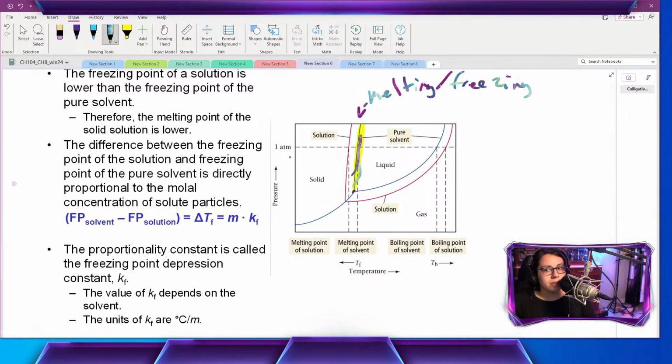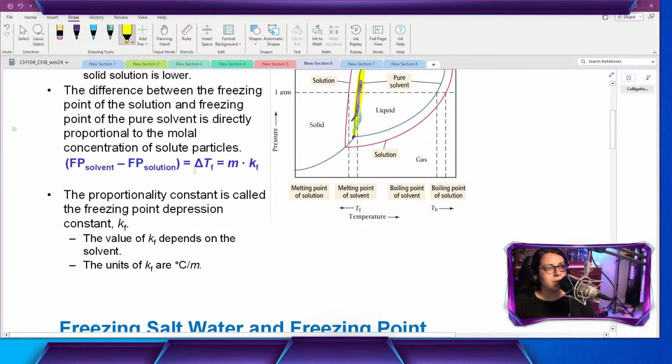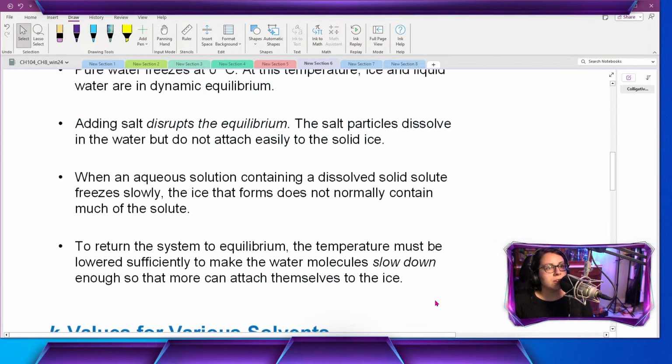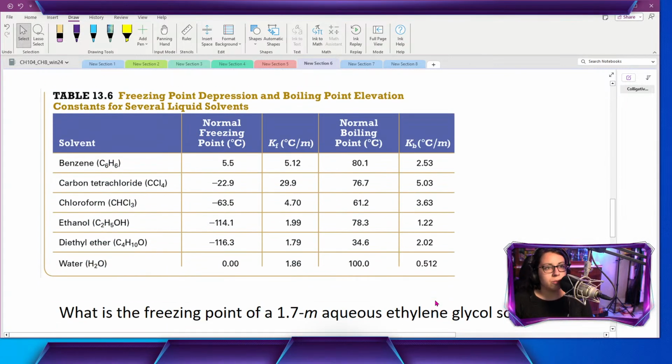And then this is another situation where those units are really going to guide us. So let's look at our unit. And so we have this thing called our freezing point depression proportionality constant. And so on an exam, you'd have to be given this freezing point depression constant. And so it's saying that whatever solvent you're at, so let's look at a table so we can have some context.